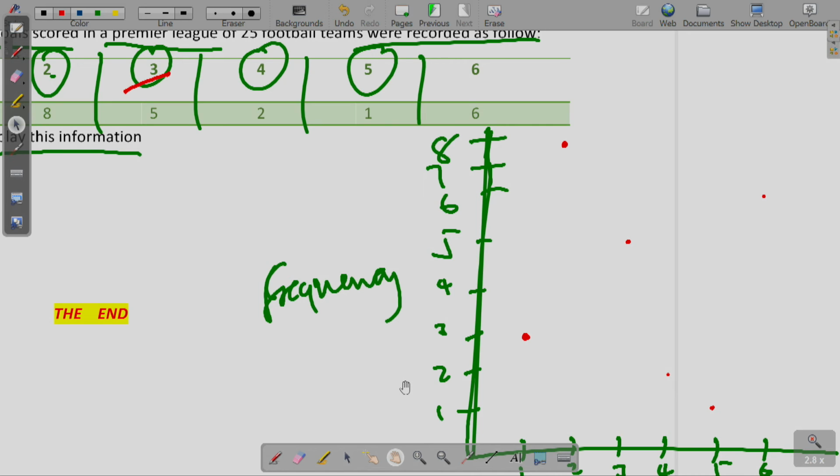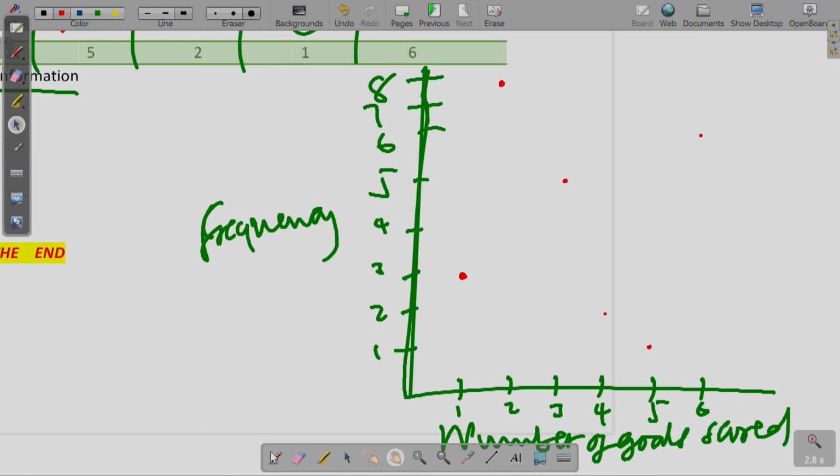It is not necessary to put dots because the histogram is drawn like a bar chart, like this.